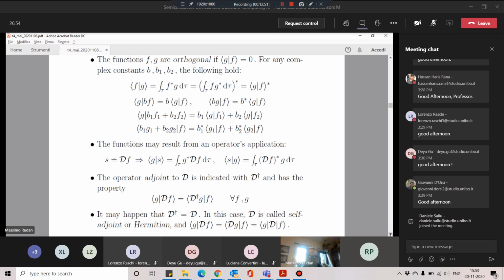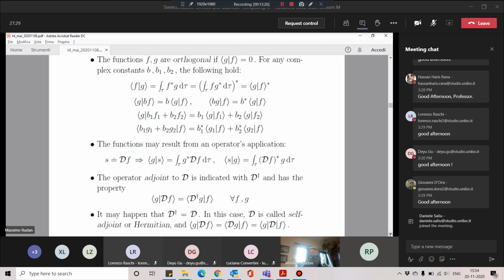So you remember that if you take a vector f, you multiply by a matrix, and then you multiply the result by G, you obtain a number. If you instead multiply vector G by the conjugate transpose of D, and then you multiply the result by F, you obtain the same thing. Of course, we are dealing with complex vectors and matrices.